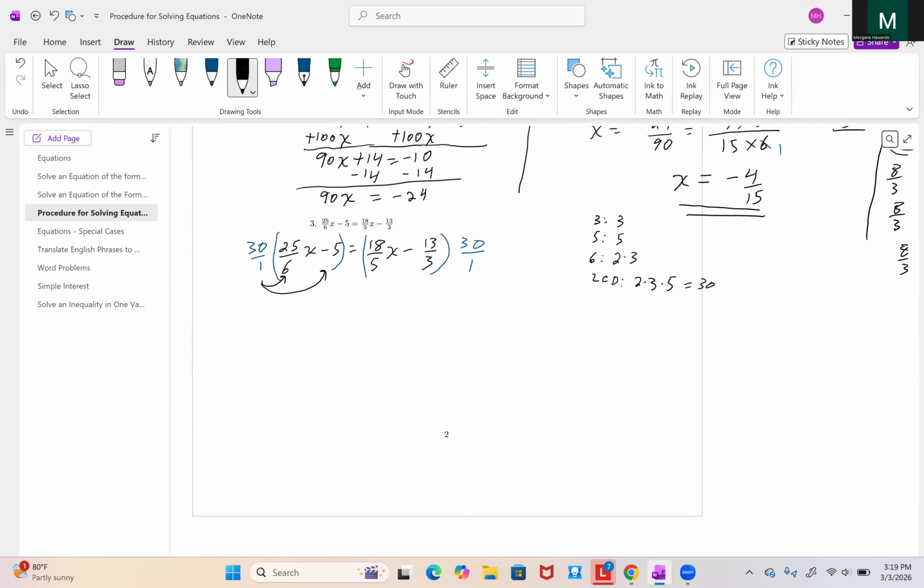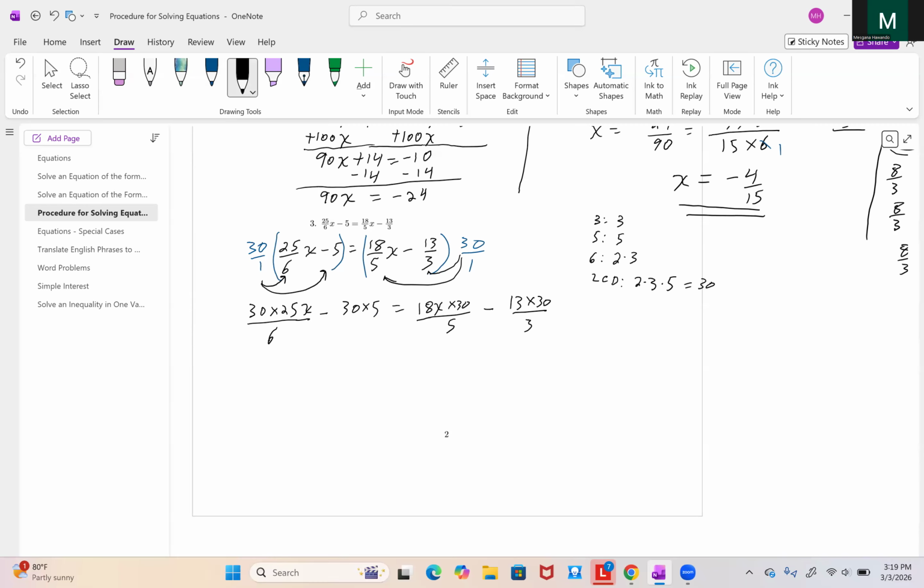So we have 30 times 25 over 6 x, minus 30 times 5 is equal to, we distribute 18 times 30 over 5 x, minus 13 times 30 over 3.